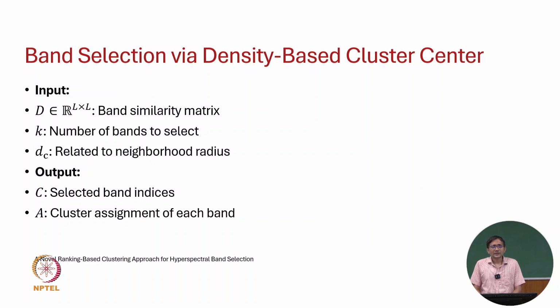And let's say we want to choose now out of these some key number of bands. This is what we want to choose. And let's say we have a parameter with respect to the neighborhood radius, let's say this is some DC. In our explanation, DC doesn't play a strong role. You can read the original paper if you want to understand more about this DC.